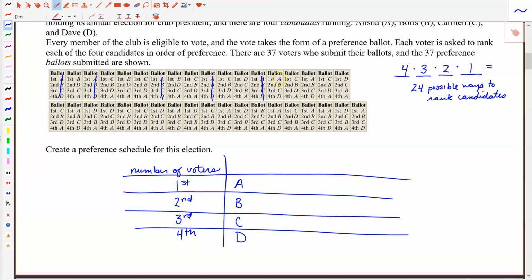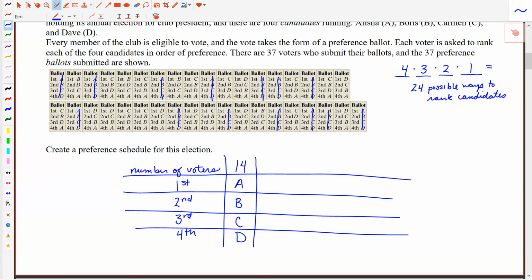Hopefully we don't miss one. Alright, so I think we found them all. Let's see how many we ended up with. 1, 2, 3, 4, 5, 6, 7, 8, 9, 10, 11, 12, 13, 14. So the number of voters that voted that way were 14 voters. They had a ballot of A, then B, then C, then D.